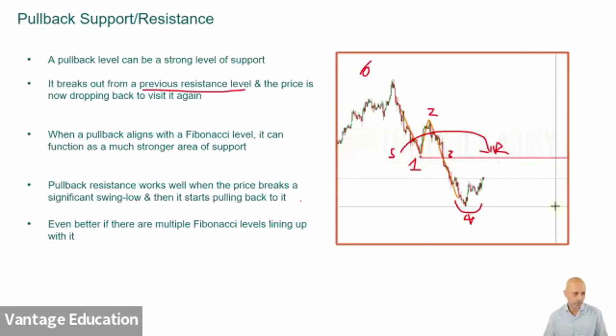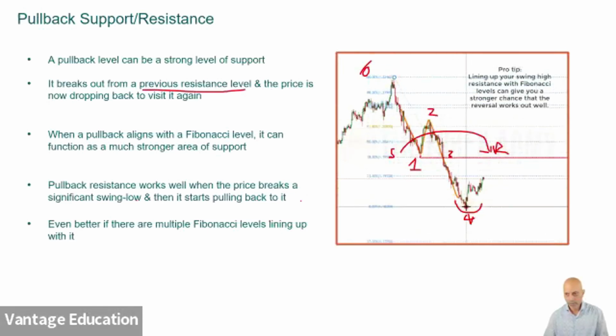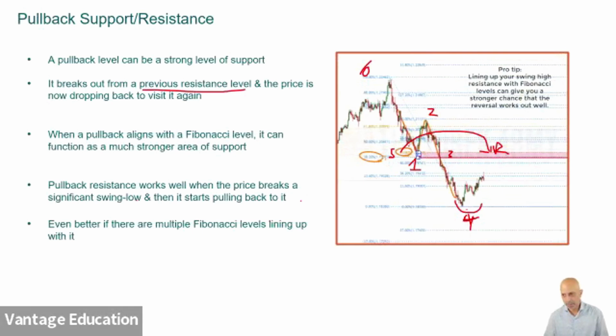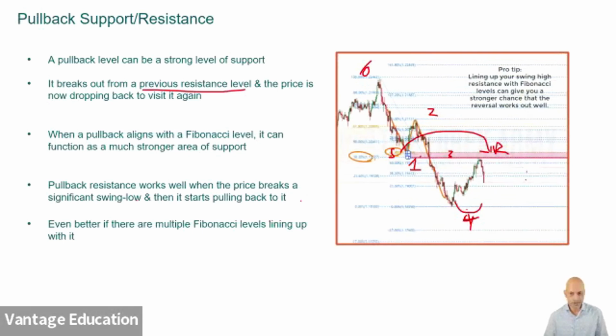Remember, when price breaks below the prior swing low that was formed on point one, that level now has the potential to act as resistance. And then as price makes a retracement from swing low number four, we can run a Fibonacci retracement. And if we happen to have a Fibonacci level that aligns pretty close to the new resistance, that's quite likely going to be an area where we can expect price to stall and get rejected off it.